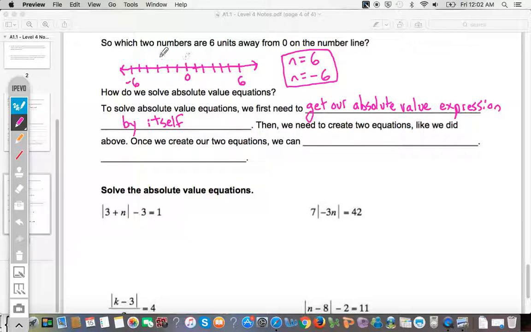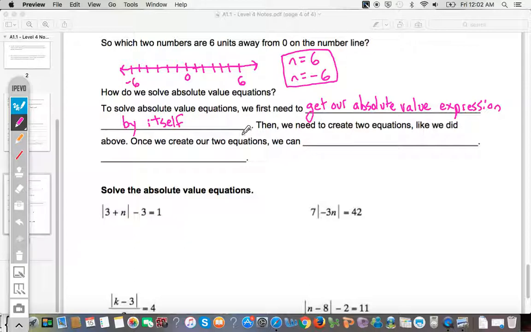Okay, so for this one right here, we created our two equations. We had n equals 6 and n equals -6. Okay, and by doing that, we could get rid of the bars. Okay, that doesn't make sense. We'll go to the examples in a couple minutes.